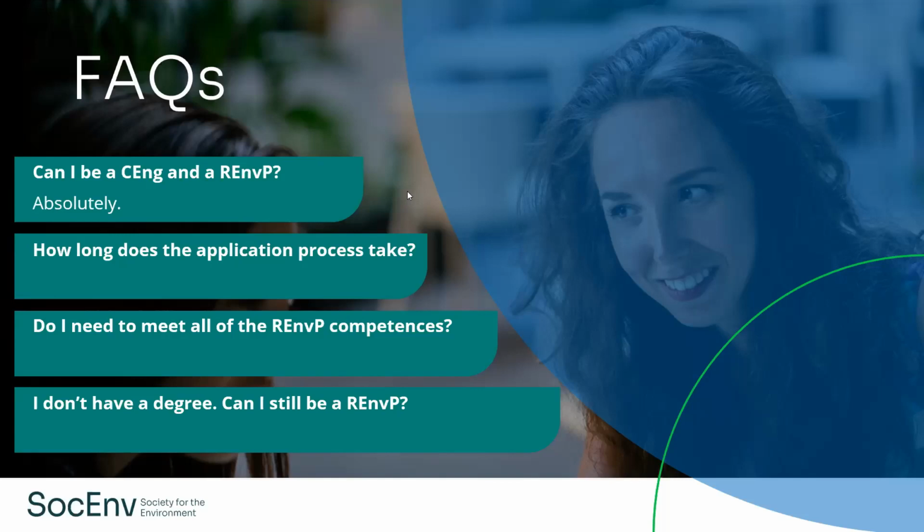And the same goes for your incorporated engineers, or IEng. It's worth noting that if you already have CEng or IEng, you don't necessarily need to rewrite your entire competency application for RFP, because some of the competencies will cross over or are very similar, especially in the C and D competencies, which are more of your soft skills.